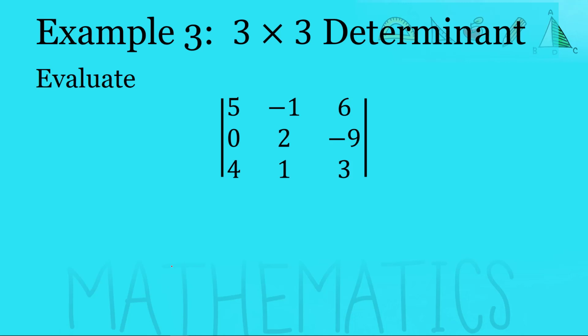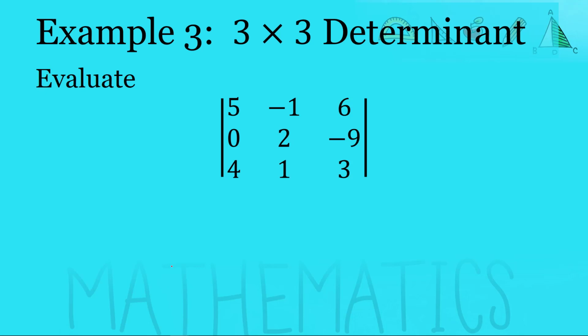A matrix that's any larger gets a lot more complicated, because if it's a 4 by 4 matrix, you will break it down to 4 determinants of 3 by 3 matrices, which will then have to be broken down to 3 determinants of 2 by 2 matrices for each of the 3 by 3 matrices. So as you can see, it gets more and more complicated.